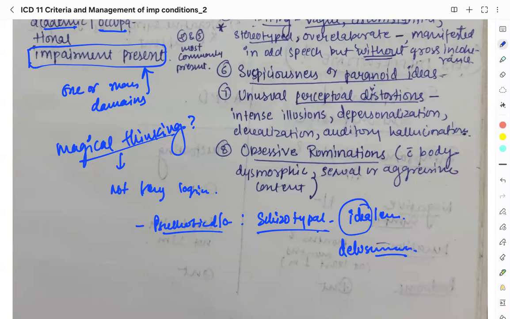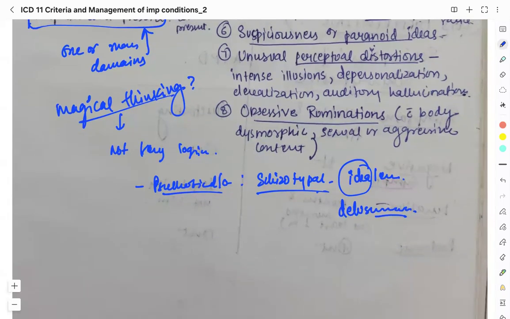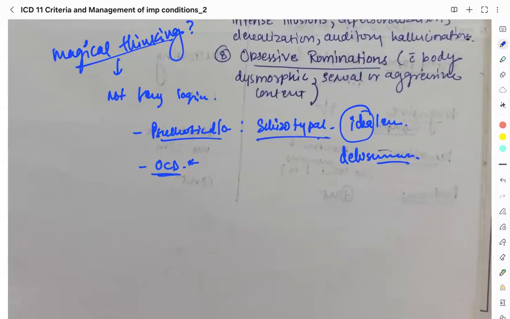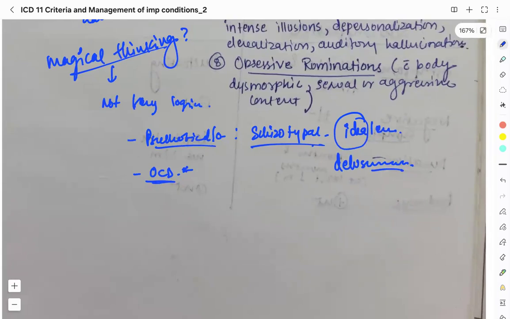Okay, so it is also very commonly present in OCD, magical thinking. So this person says that if I open the dustbin, then something bad is going to happen to me tomorrow or to my family.